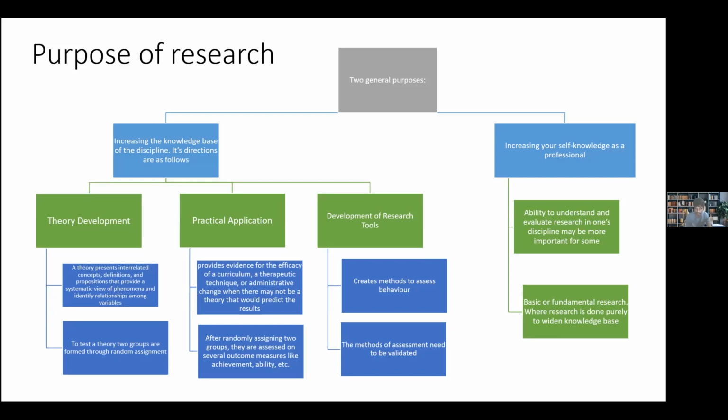The experimental group gets the memory training technique or the treatment, and the control group is waitlisted. We cannot give a placebo in psychology. So they'll be waitlisted, and after that you'll see whether the experimental group is different from the control group. Okay? If they are different, you can say that the memory technique was effective. So then you can say we can give this memory technique to people and people will benefit from it, right? So that is the practical application part of research.